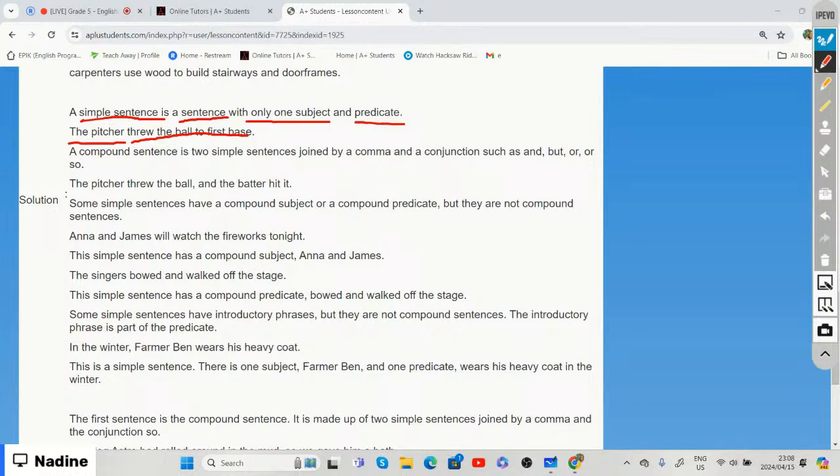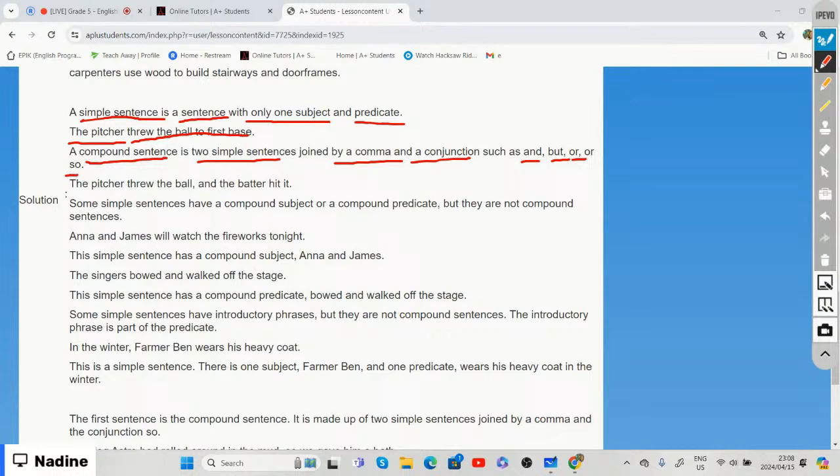Then we have a compound sentence. A compound sentence is two simple sentences that are joined by a comma as well as a conjunction. And the conjunctions are and, but, or, so.